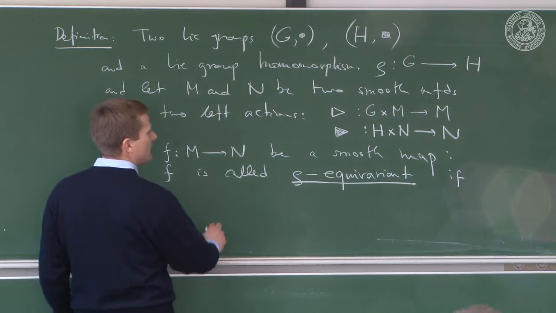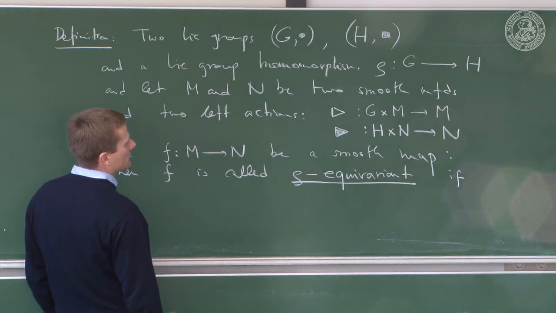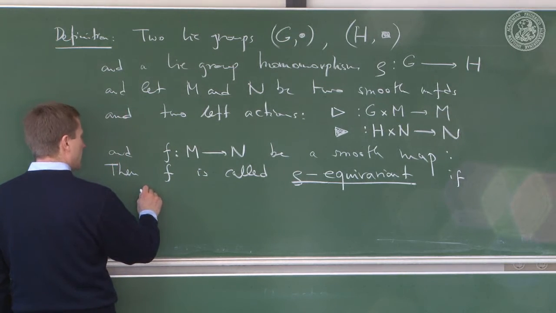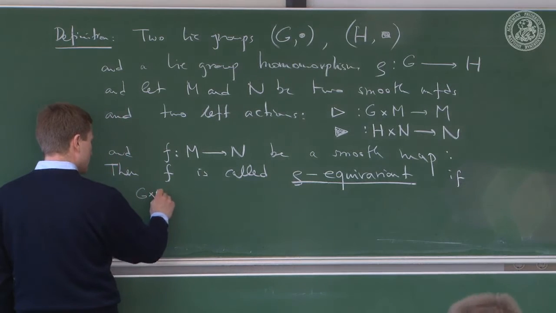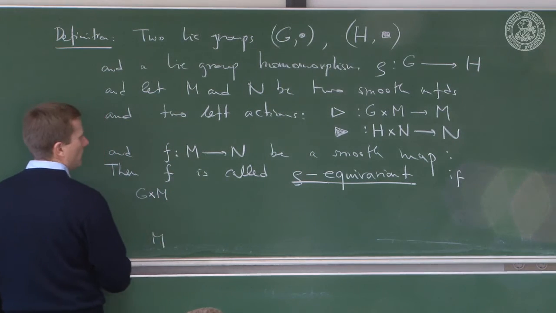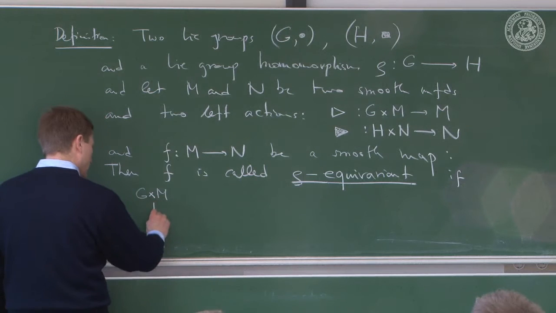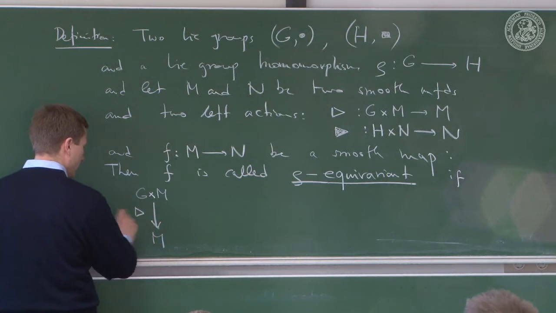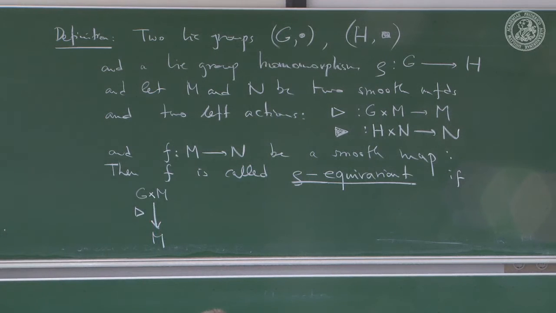Let me try to squeeze the diagram here. So we take G cross M and we take M. How do I come from G cross M to M? Well, by virtue of my empty left action.